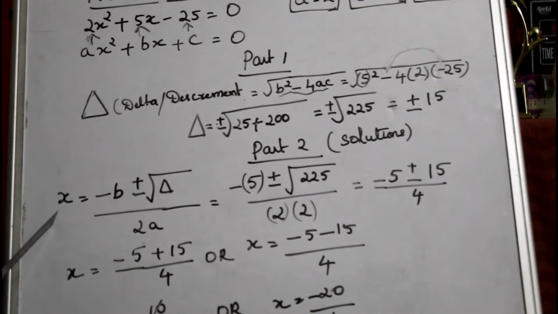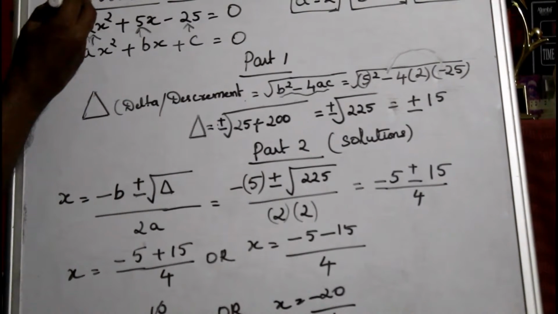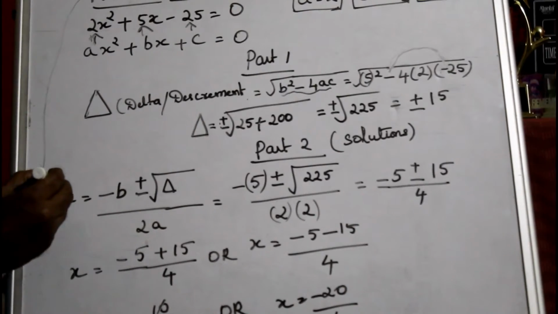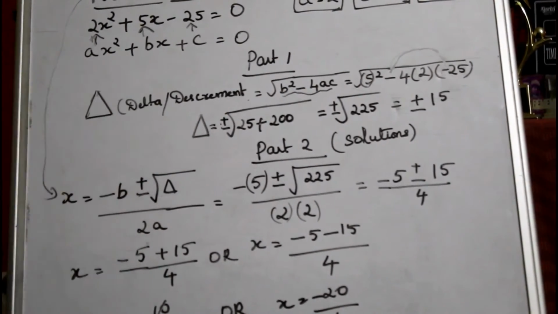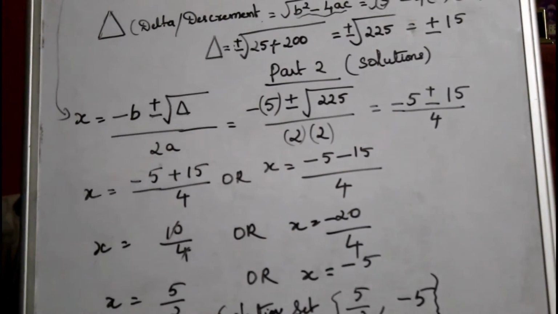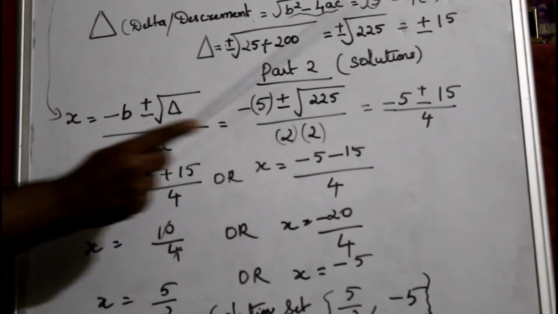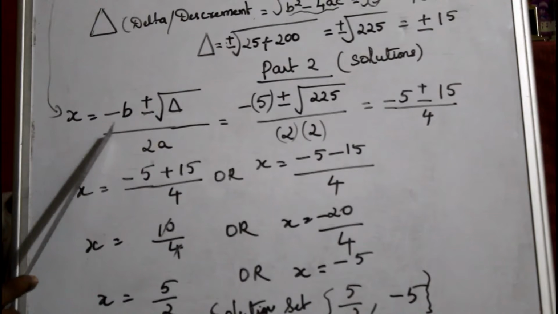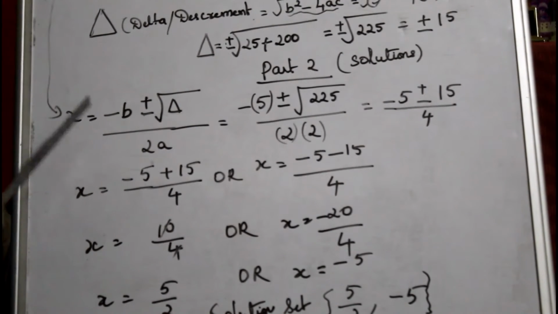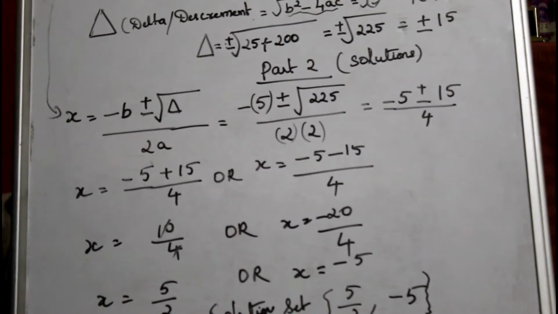So this is the main solution, x is equal, this is the main formula. In the formula method, remember this is the main formula. But we find this to make the formula easy, not cumbersome and lengthy. Part 1, we get this answer and substitute here. So this is the main formula for the formula method: minus b plus or minus root of delta by 2a.